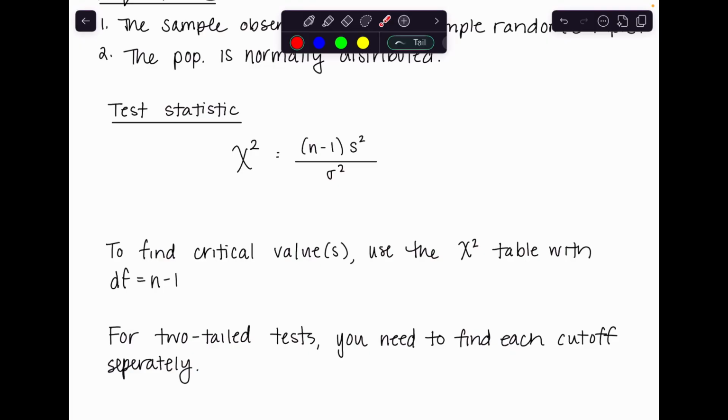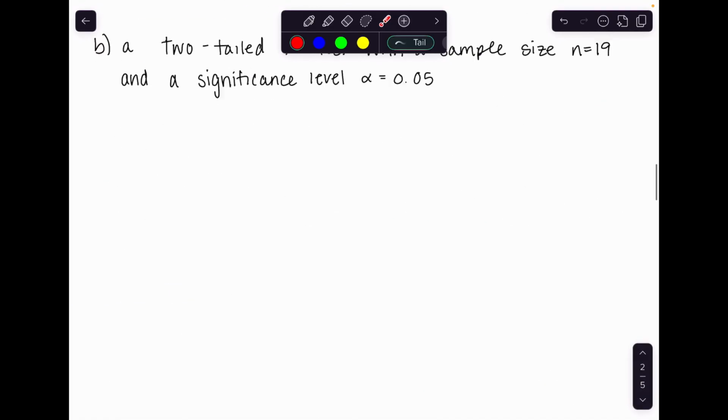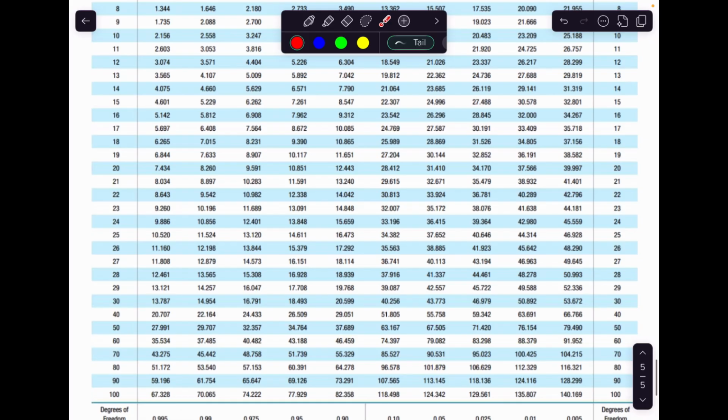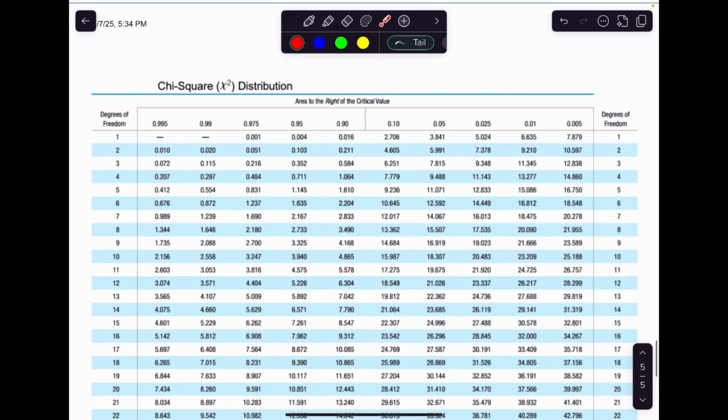Now, doing this by hand for p-values is quite complicated, and realistically, even using a calculator online, it's a bit confusing. So we're really only going to focus on the critical value method here, because that's the only thing we can do by hand. So I want to go to our chi-squared table. Remember, this is going to give you the area to the right of your critical value.